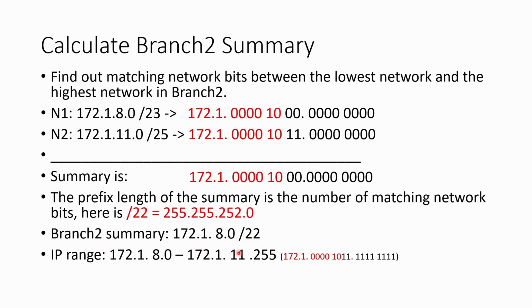Right now, all the way up to 11.255 are used by branch 1 and branch 2. Now, let's take the next available 12.0/22. Then we subnet it for headquarter.